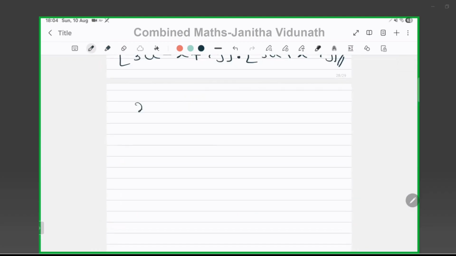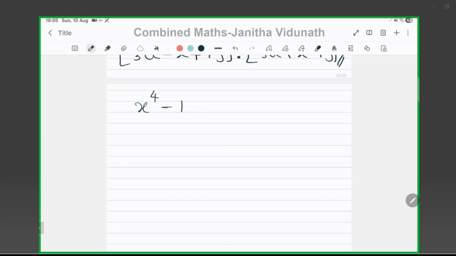Here I get x to the power 4 minus 81. For this, first we try a simple example, x to the power 4 minus 1.